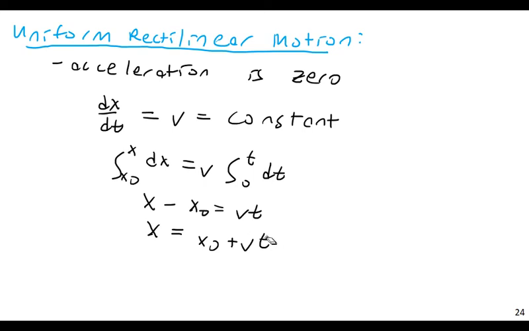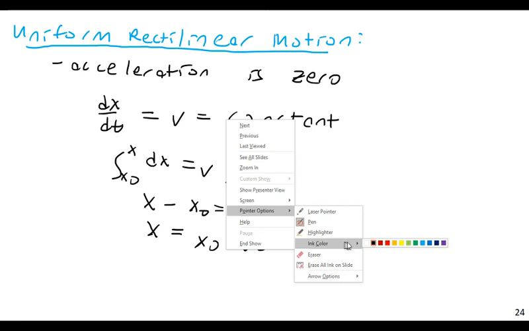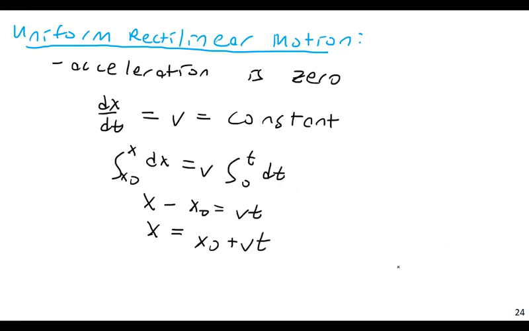So I could have a very simple relationship where if I wanted to find the position of a particle that was moving with 0 acceleration, all I have to do is take the initial position and then add the velocity times the time. But again, beware. When can this equation be used? It's a very tempting equation, very simple, but beware. Only good if acceleration is 0. If a equals 0. Nope, that is a very bad underline.